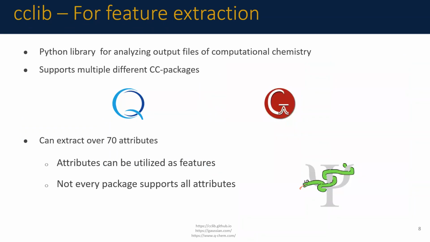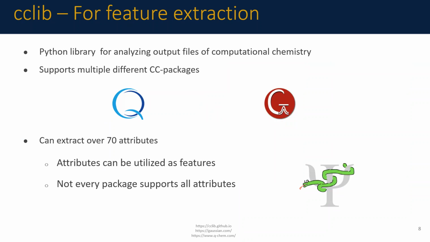Something we are doing at the moment a lot, or we're at least trying to do it, is to use cclib. That's just an example for extracting features out of computational chemistry calculations. cclib supports, for example, different packages.